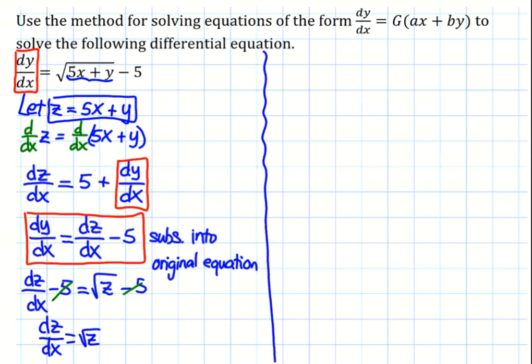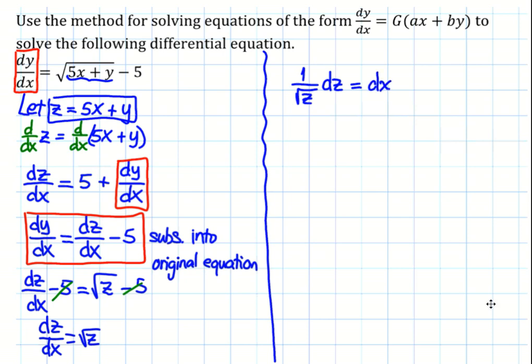So for the separable equation, I will move square root of z to the left hand side and move the x to the right hand side. After separating, we should have 1 over square root of z dz equal to dx.